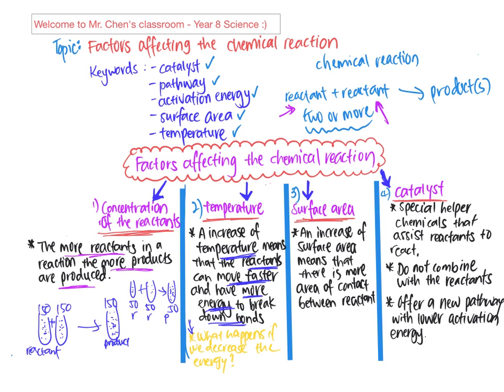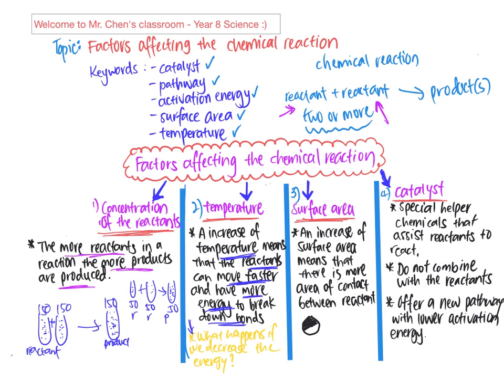The third one is the surface area. This one might not be as obvious, but let me explain what that is. I'm going to draw these two things. First, I have a piece of solid that is about that big.